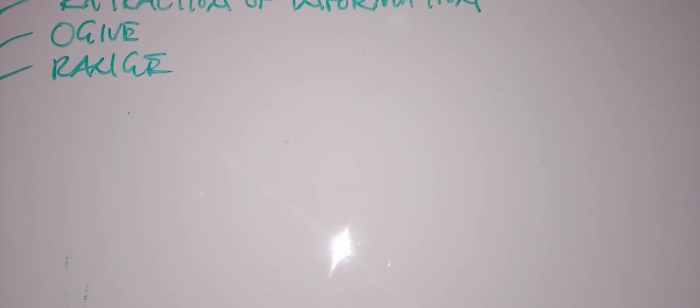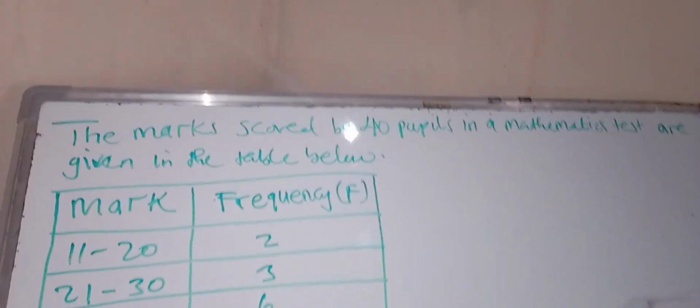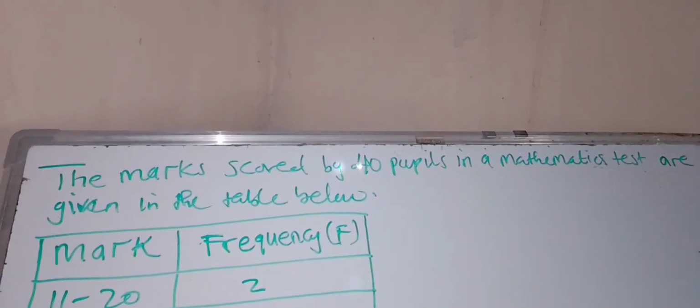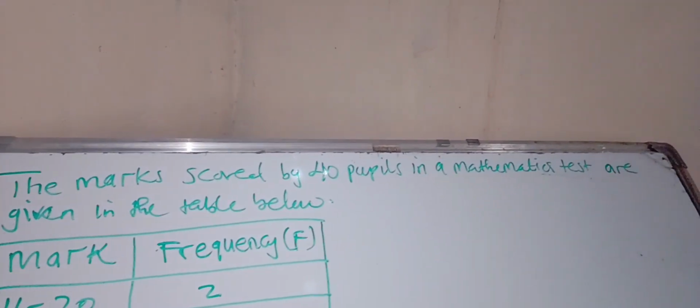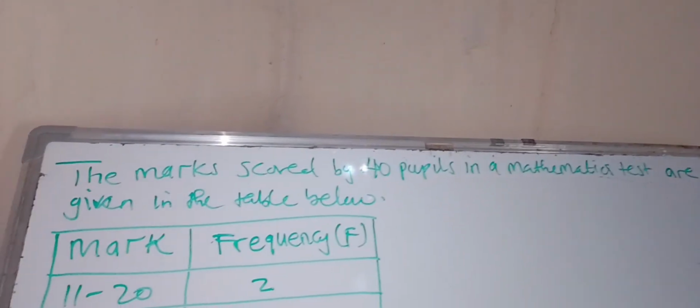Okay, so we have an example here. The marks scored by 40 pupils in a mathematics test are given in the table below.